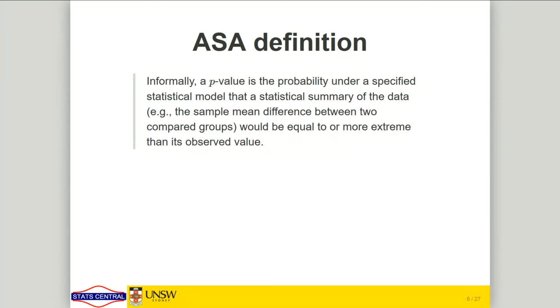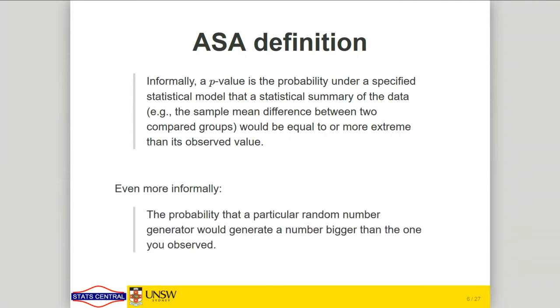Maybe it is the difference between two groups that you're comparing. You work out what the distribution of that summary statistic would look like under a particular model. And from that, you calculate the probability that it would be as extreme or more extreme than the summary statistic that you actually observed.